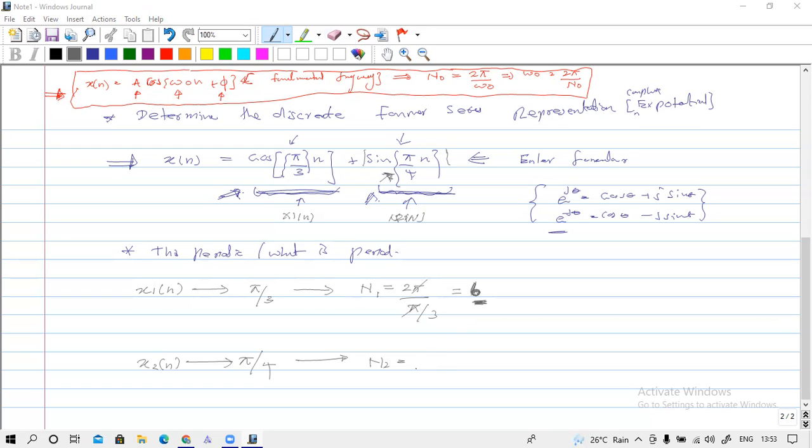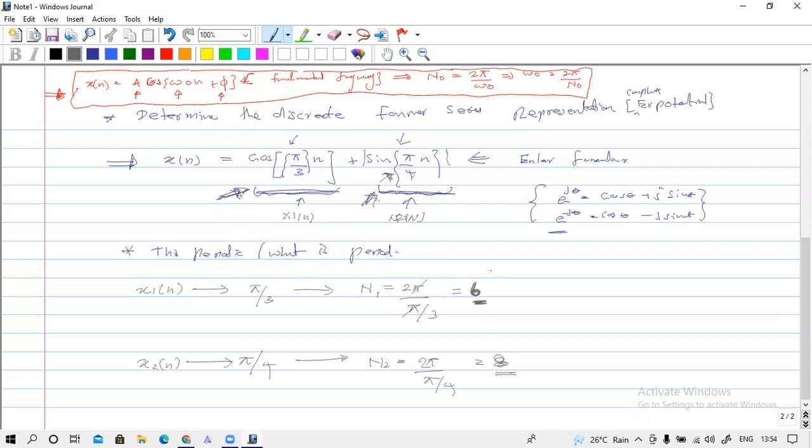It is 2π divided by 5π/4, that means 8. So the period here is 8. This is the period of the first signal, 6, and 8 is the period of the second signal.